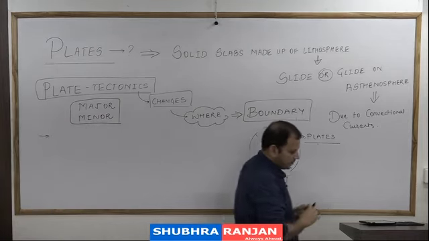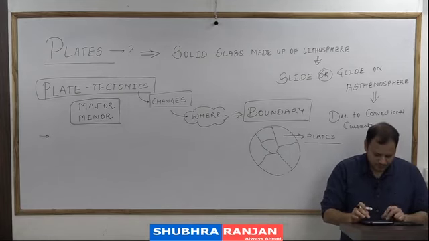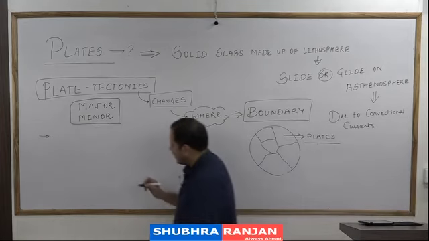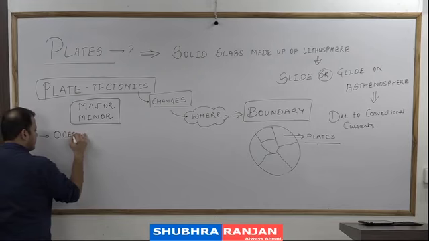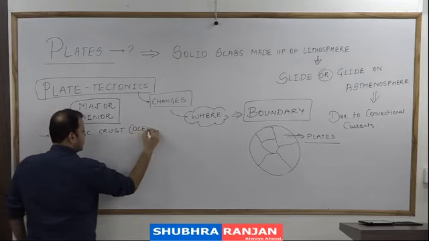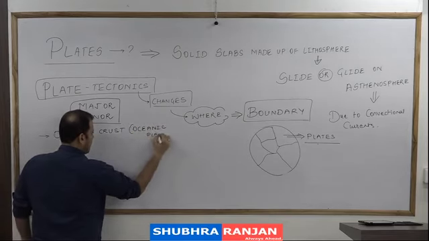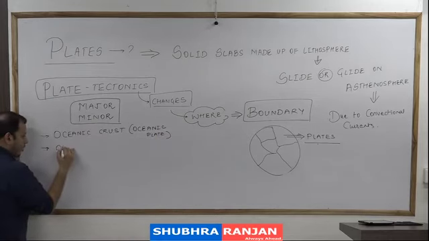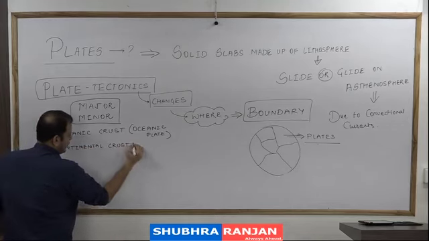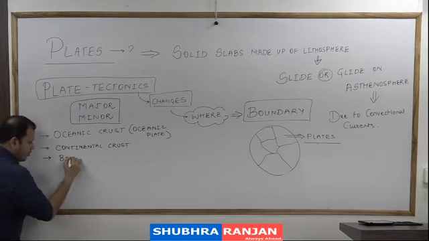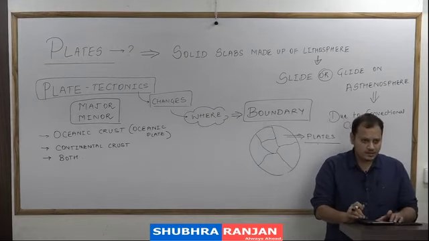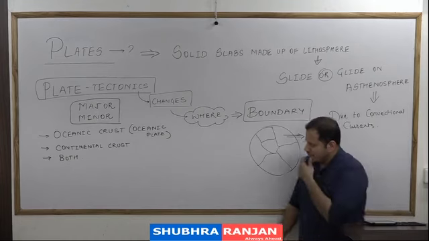A plate can be made up of oceanic crust (oceanic plate), continental crust (continental plate), or both oceanic and continental crust.